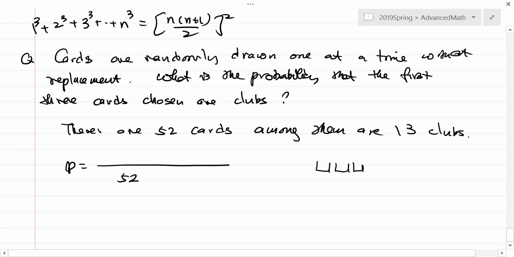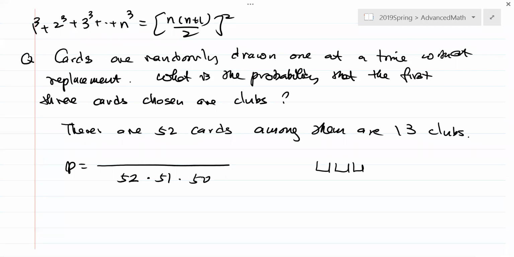Then 51 cards left, so the next step you get 51 choices. Then 50 choices. So that's the total number of possible outcomes. The first one, second one, third one, because we do need to know the order. In the question, they say the first 3 cards, right? First, second, third.